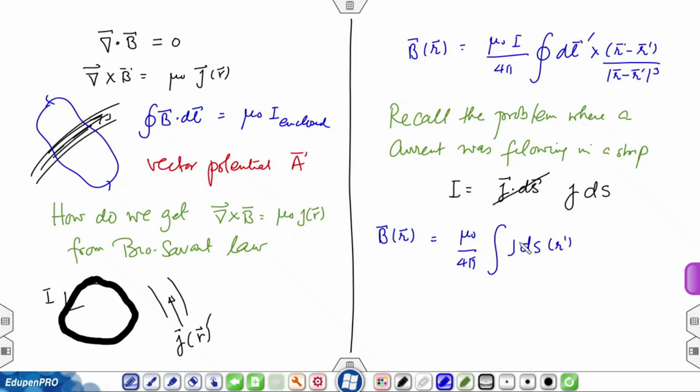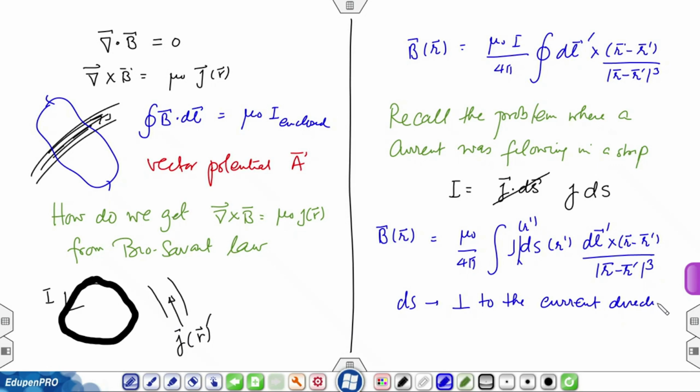So, j at r prime dl prime cross r minus r prime over r minus r prime cubed, where ds is perpendicular to the current direction, j is in the direction of the current.